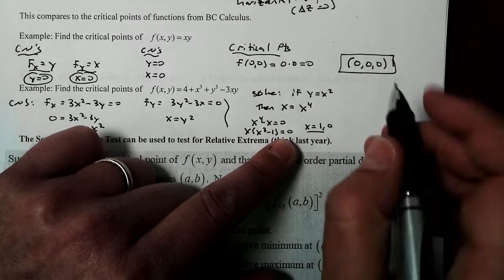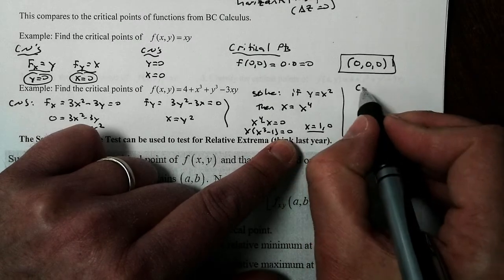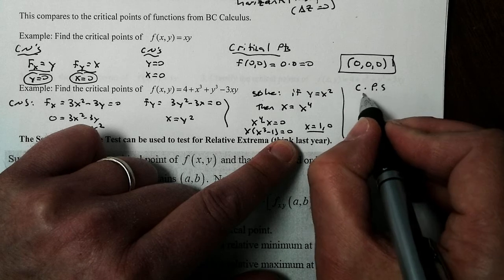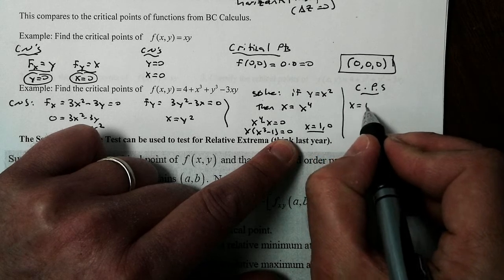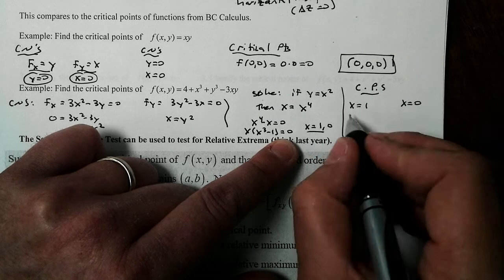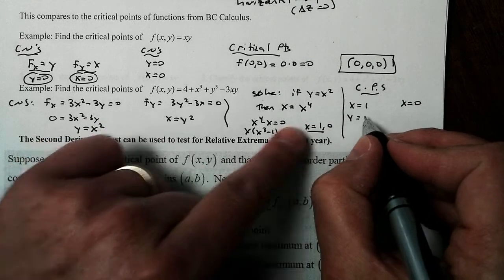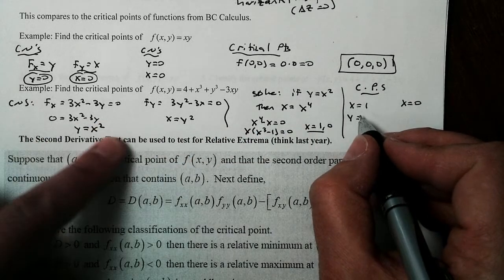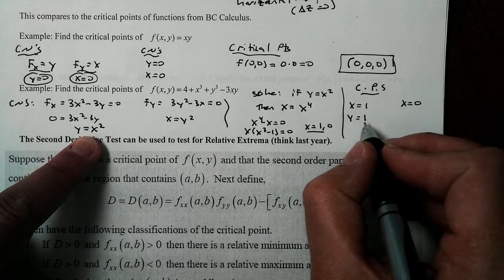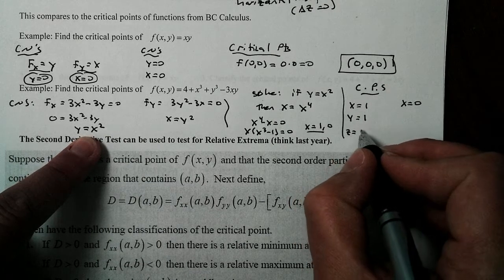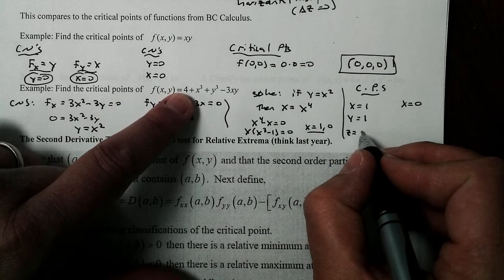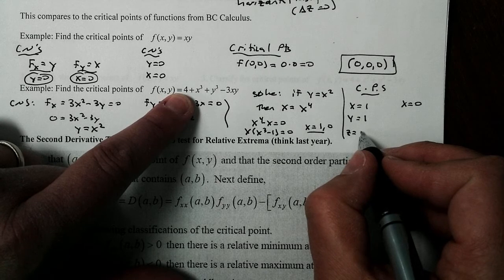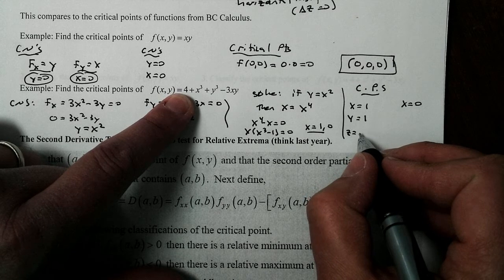Now, I still have to find my critical points, my CPs. I have x equals 1 and I have x equals 0. I need to find y. So to get y, what's y going to be? Y is just x squared, so y is going to be 1. To get z, I have to plug that in, and that's going to become, let's see here, do some math right here.